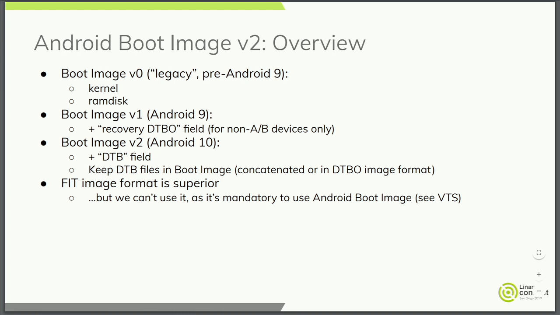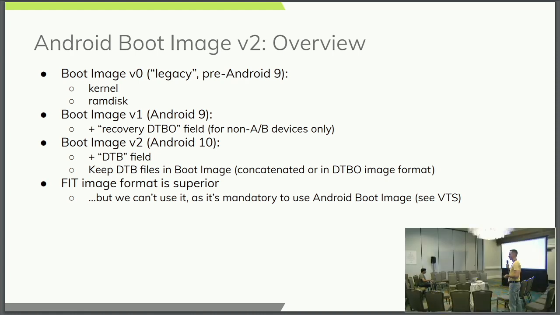It just added one field called recovery DTBO for non-AB devices. So for non-AB devices, when you boot in recovery mode, you should apply this vendor DTBO file on top of your DTB file. We won't stop here, but what is interesting is that in Android 10, a new field called DTB was added. And now all vendors must keep their DTB files in the Android boot image, right?